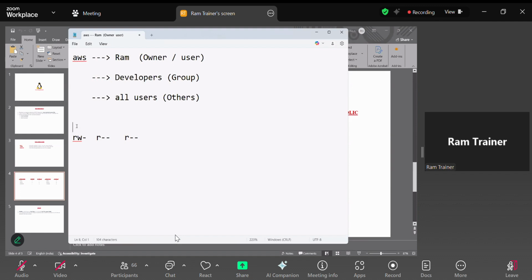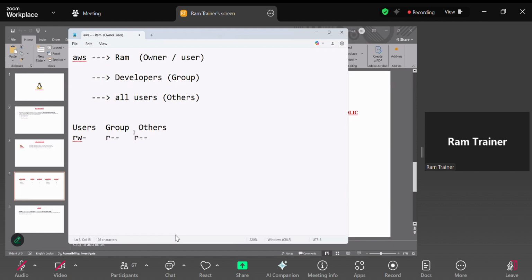The first part belongs to user permissions, remember, and the second part belongs to group permissions. And what about the third part? It is called others permissions.